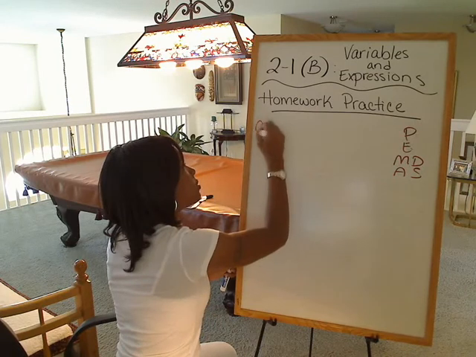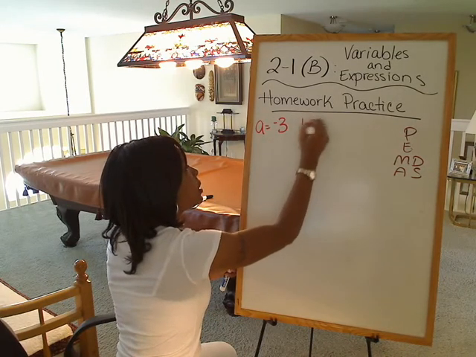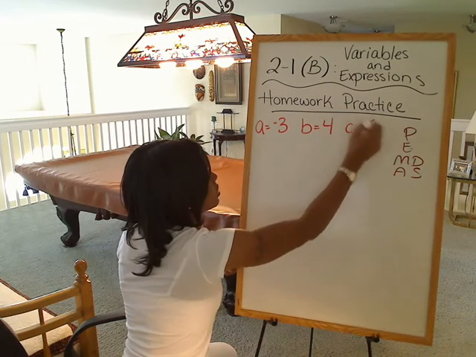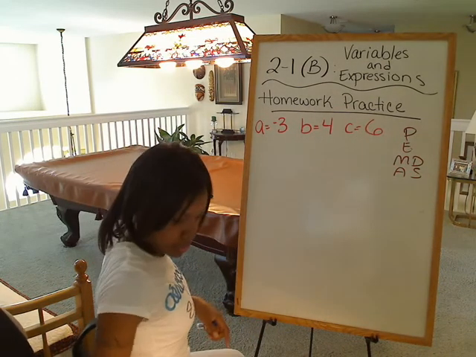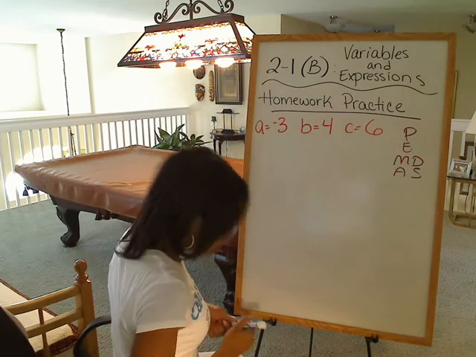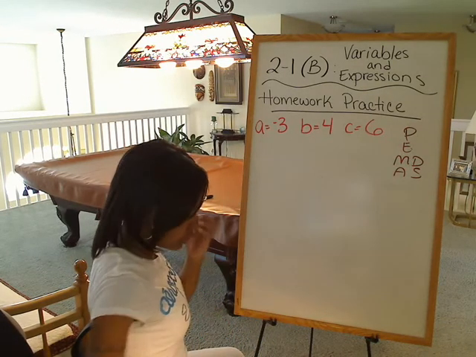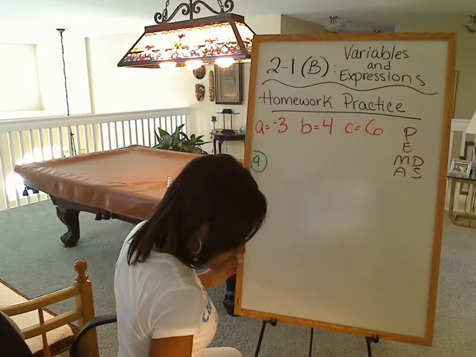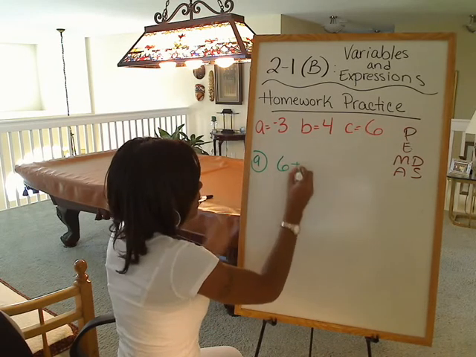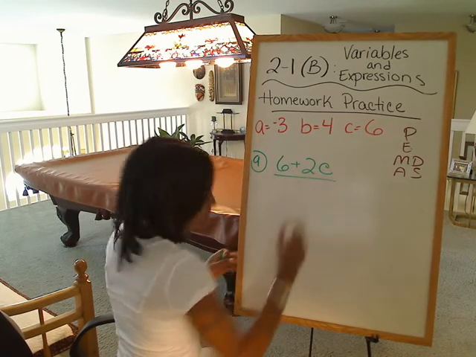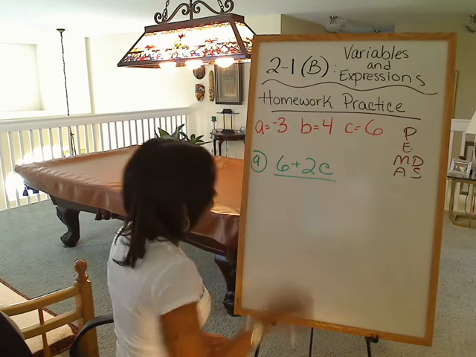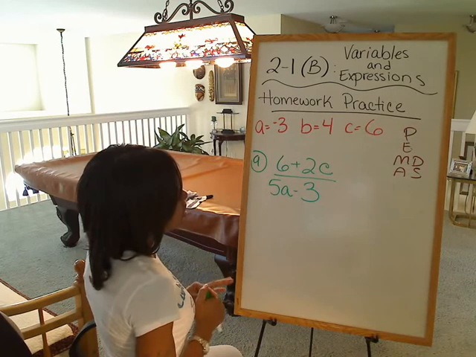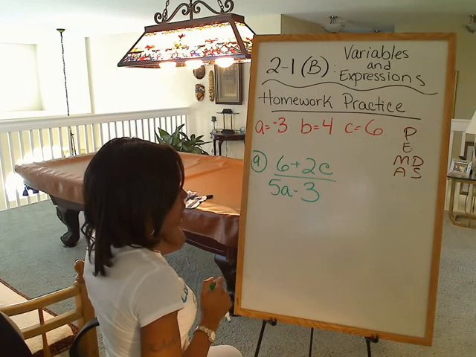They said A equals -3, B equals 4, and C equals 6. So when I look at number 9, it says 6 plus 2C over 5A minus 3.